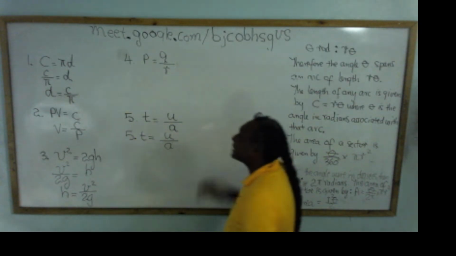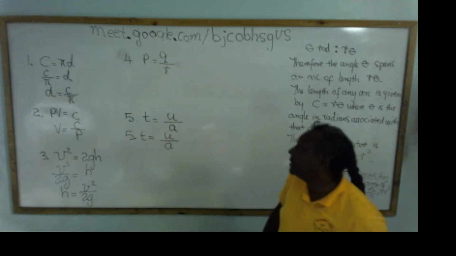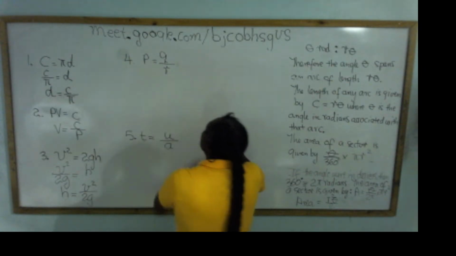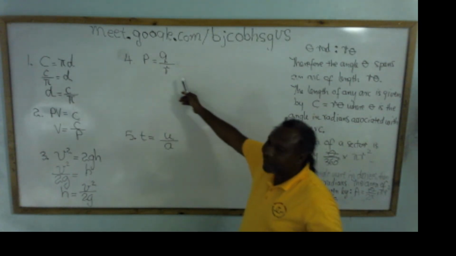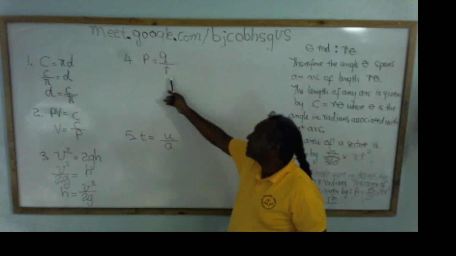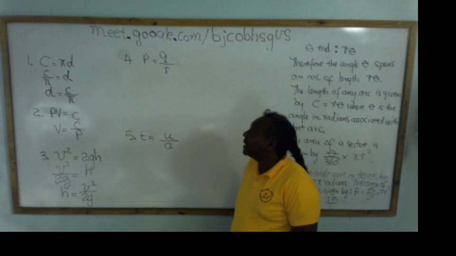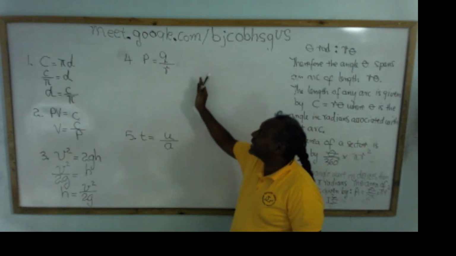Go from the right-hand side. Go straight ahead and eliminate the proposed subject. Right there, we are dividing by the proposed subject. The proposed subject is R, and we are dividing the right-hand side by R.